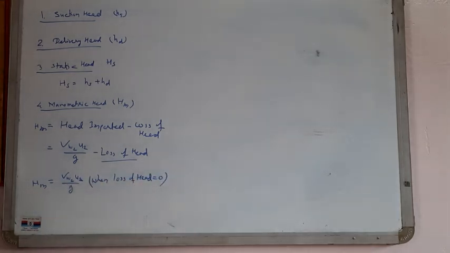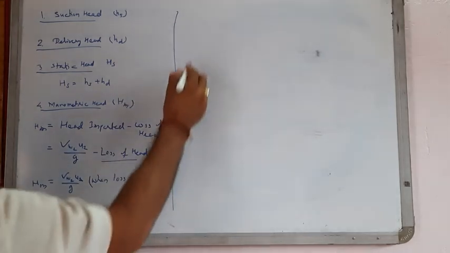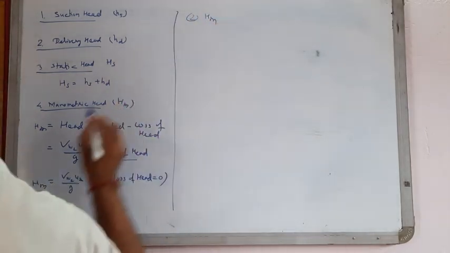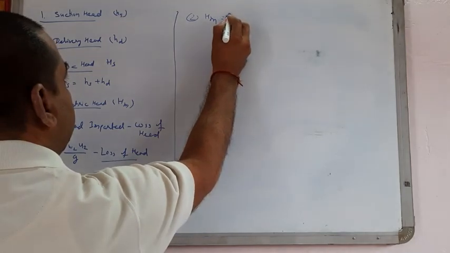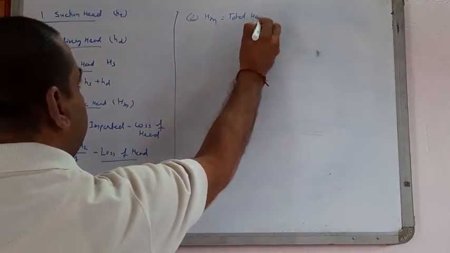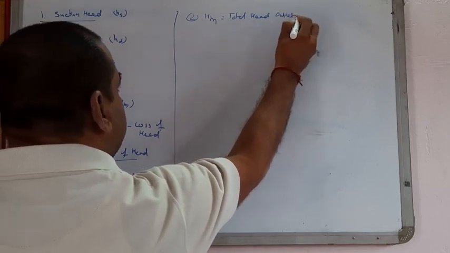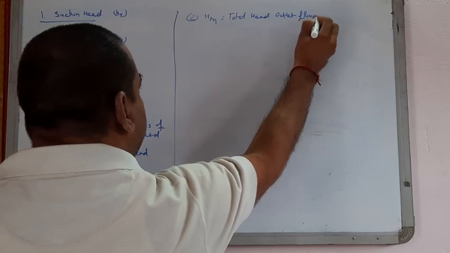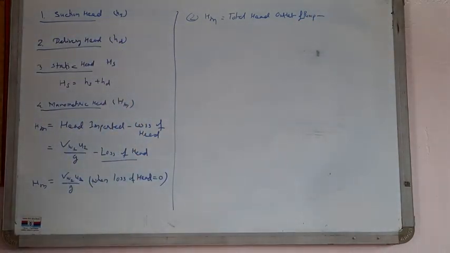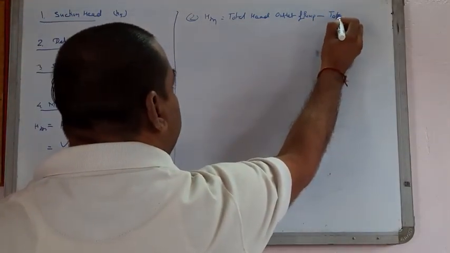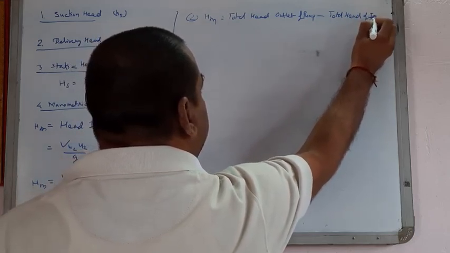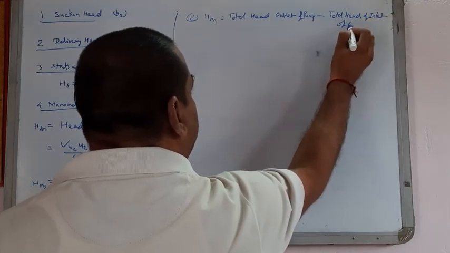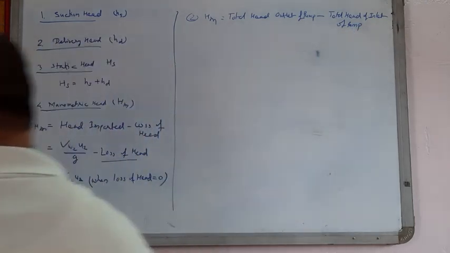Okay. Now, in second case, Hm is equal to total head at outlet of pump minus total head at inlet of pump.